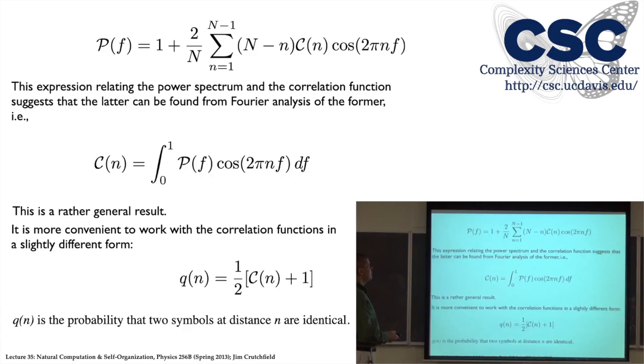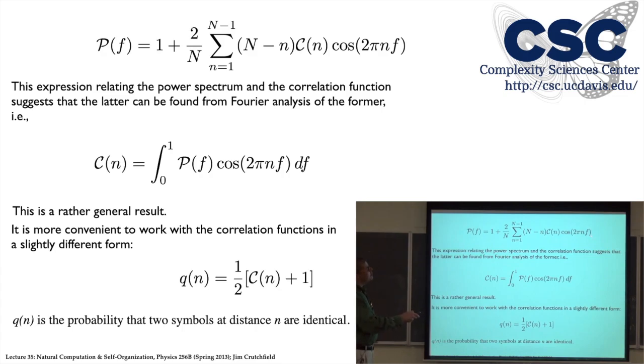If we go back to this expression and we look at P of F, then we find that when we calculate this, if the total number of symbols is not equally divided between the two, and in this case it's not, with the golden mean, then in fact, as the correlation functions die off, and we saw this died off very quickly, we get a term here that just continues to add.